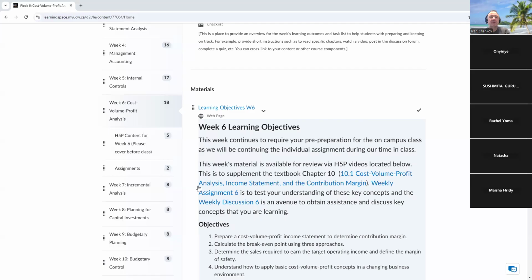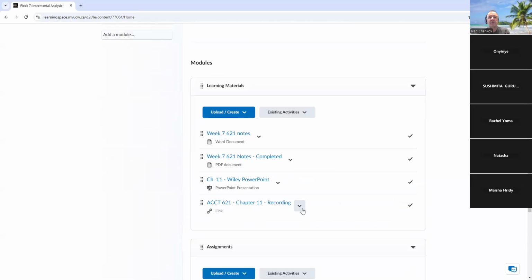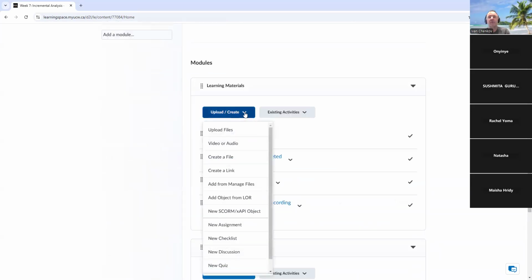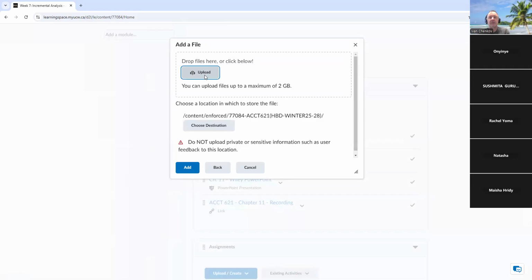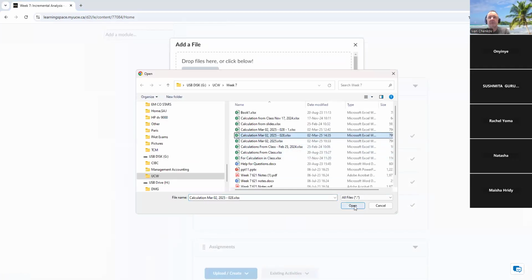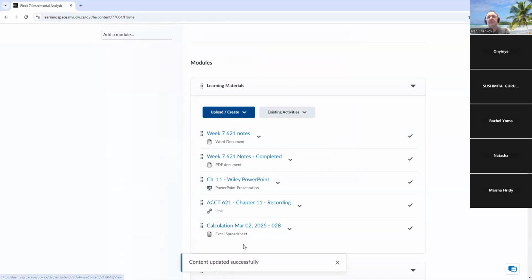That should be your section here, chapter 7, incremental analysis. For incremental analysis, you already have a recording from the previous semester, but now I can upload this file. Let me see, this one is the one, open, and then we add it, and you have the file right here, calculation for March 2nd, section 28.